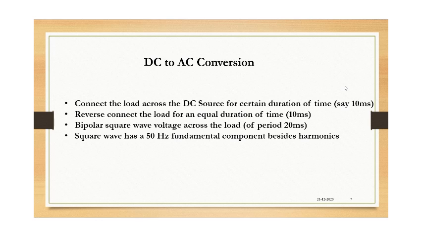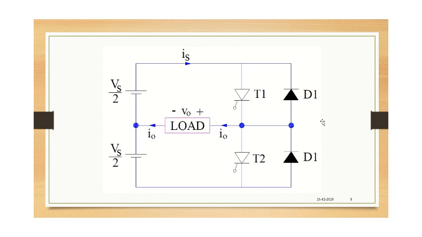Obviously there will be harmonics, which can be removed by using filter circuits, right? So this is the basic fundamental operation you can use to understand DC to AC conversion. So let us go ahead with this.